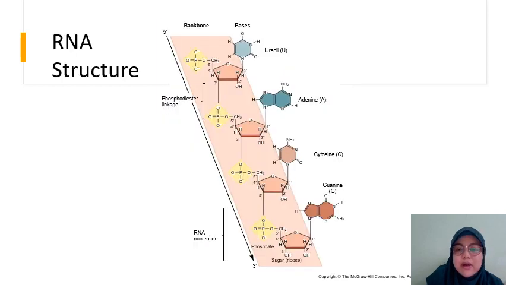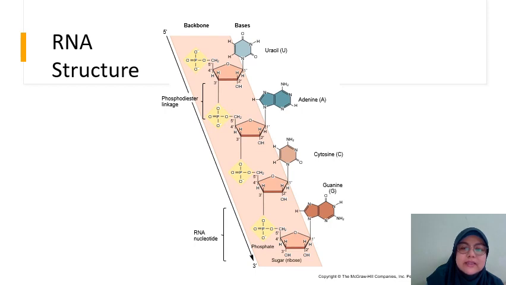And then we have our RNA structure. So ribonucleic acid. RNA is typically single-stranded with ribose sugar. I did mention earlier that's the major difference with DNA.